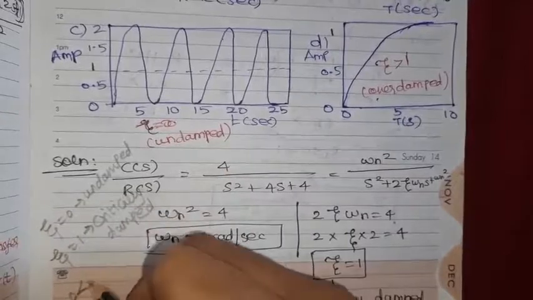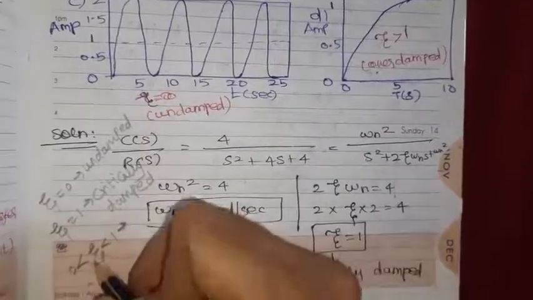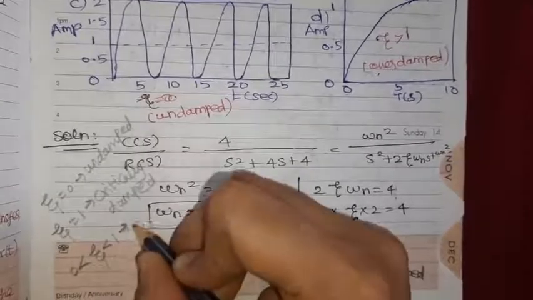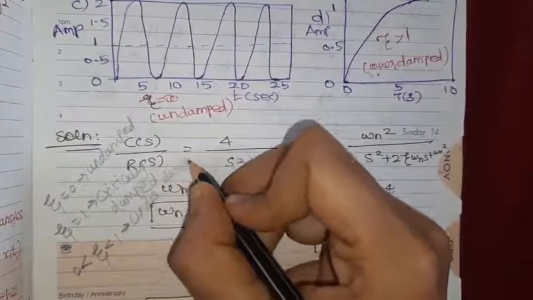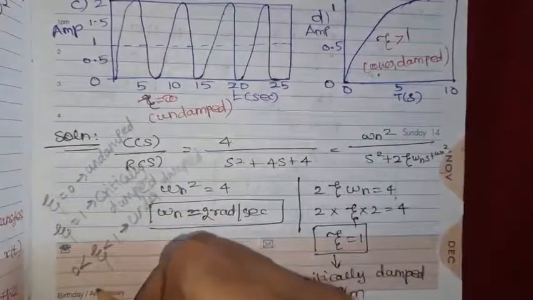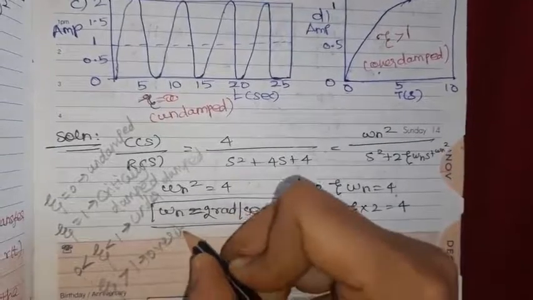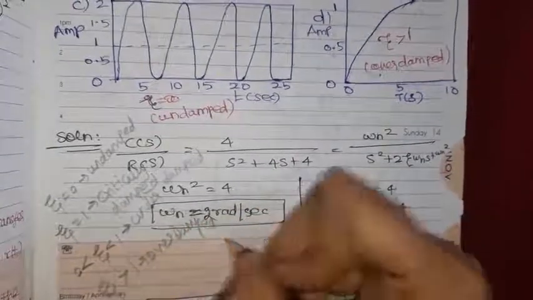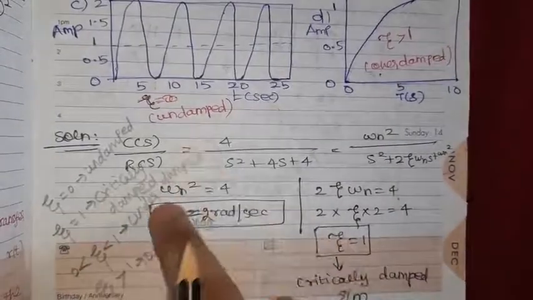Then zeta value between 0 to 1 means this is under damped. Okay. Zeta value greater than 1 means it is over damped system. So for this, what is the zeta value? Zeta value 1. Zeta value 1 means critically damped.